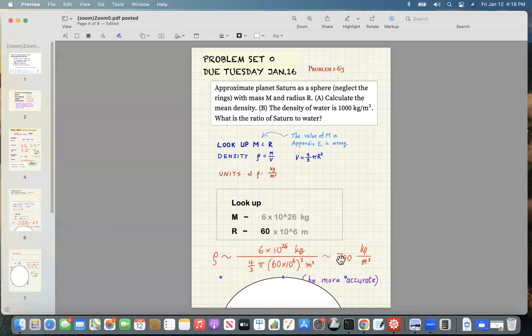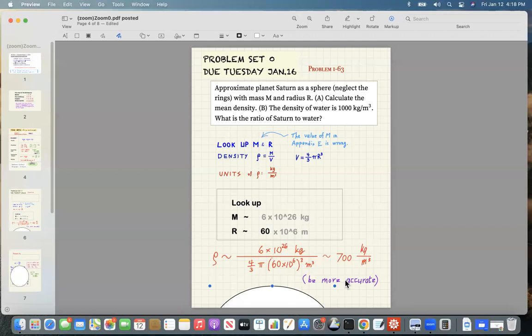But it's roughly 700 kilograms per cubic meter. Of course, when you do it, you'll have to be more accurate. You're going to type this answer into LON-CAPA, and that'll require an accuracy of probably 3 significant figures. It has to be accurate to about 1%. So usually 3 significant figures is accurate enough.